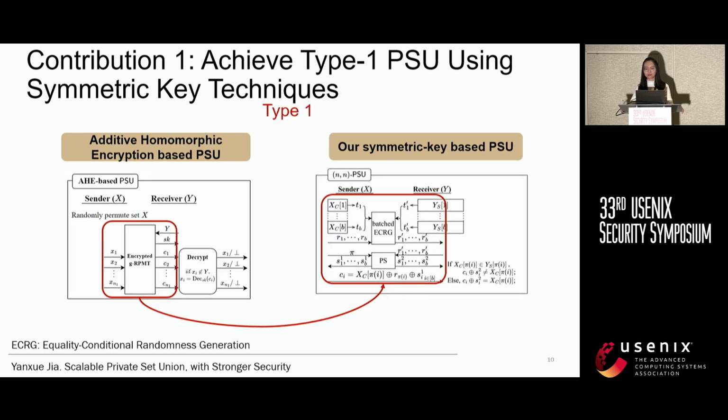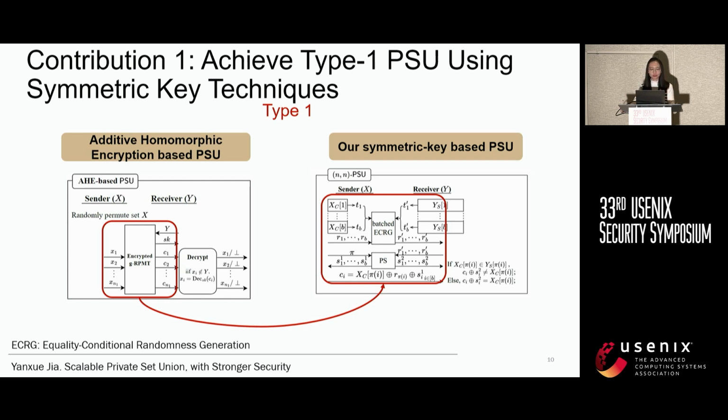However, we know that the AHE-based PSU is not efficient enough, as it cannot be used for big data sets in practice. So our key goal is to achieve the encrypted GRPMT by using symmetric key techniques. To achieve this, we propose a new building block called batched ECRG.